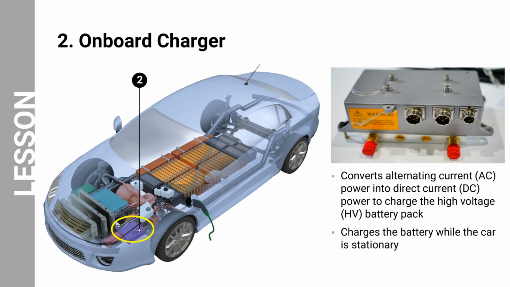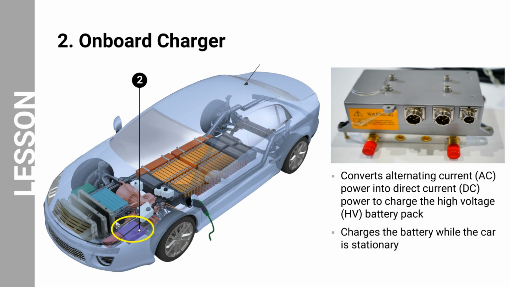The onboard charger is typically located in the trunk or under the hood. When you plug a BEV into a charging station or an outlet, the onboard charger allows the vehicle to accept and process the incoming AC power. It is integrated into the charging system. The size and capabilities of the onboard charger can vary depending on the specific BEV model.